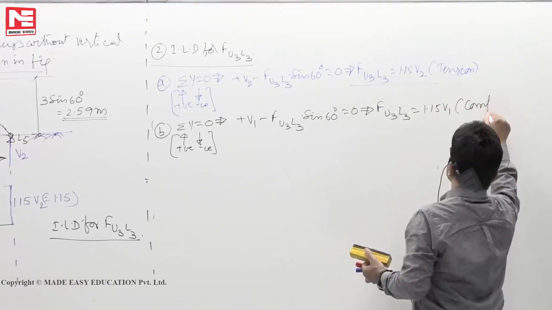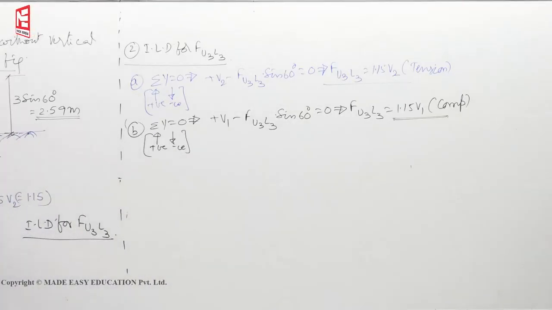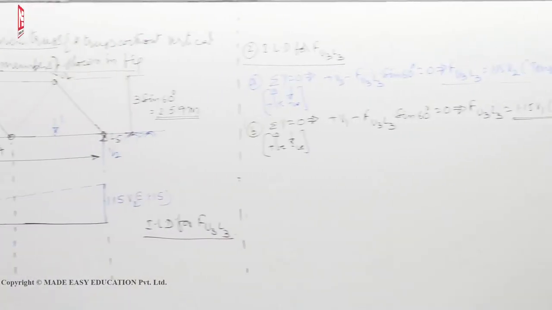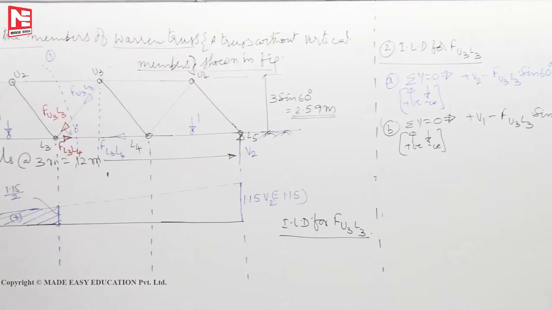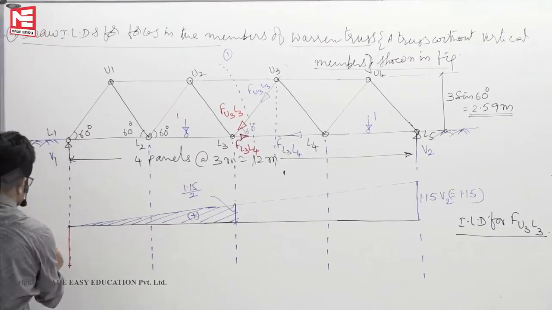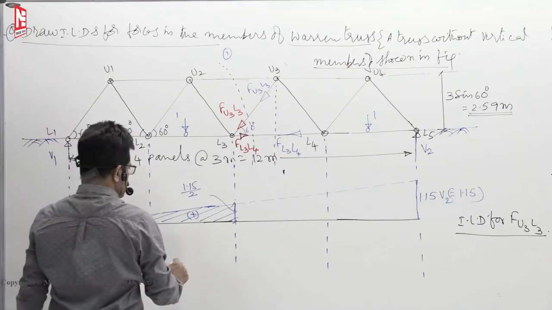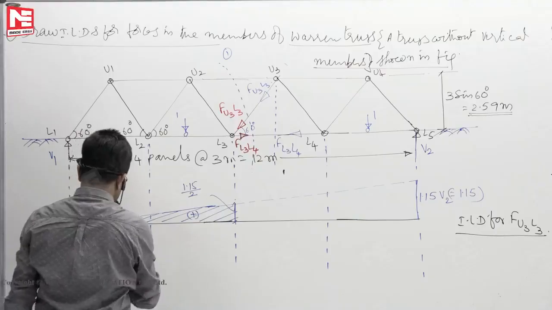Arrow mark is towards the joint, so compression. So 1.15 V1 means it will go here like this, below reference line, nothing but 1.15. So it will go something like this.